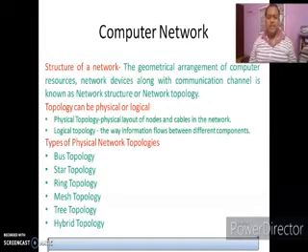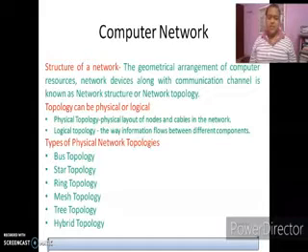So there are two aspects of a topology: physical topology and logical topology. The physical layout of the nodes and cables in the network is categorized under physical topology, and the way the information flows between different components is known as logical topology.